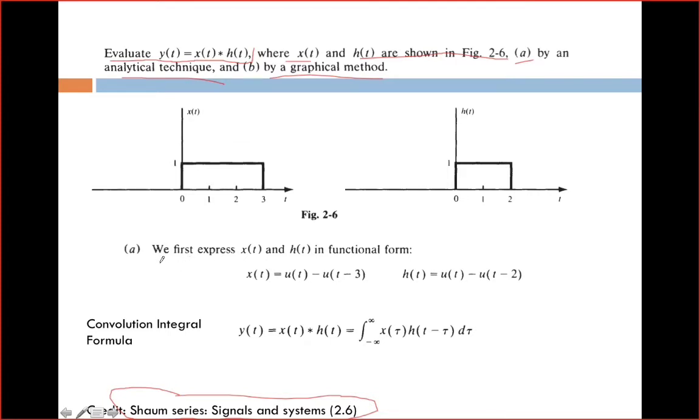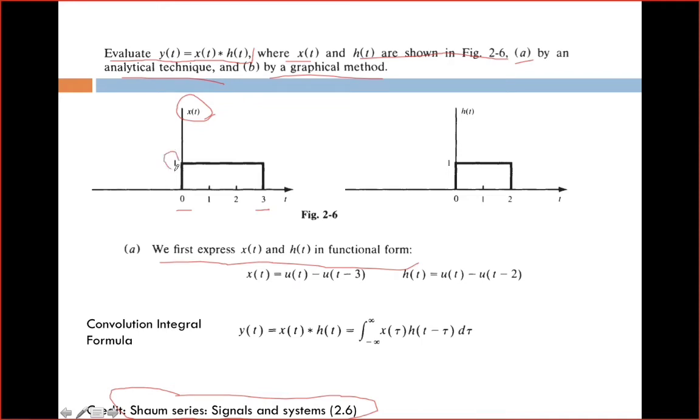First, we express x of t and h of t in functional form. So we have two different functions. X of t is defined over 0 to 3, and the amplitude of the signal is 1.